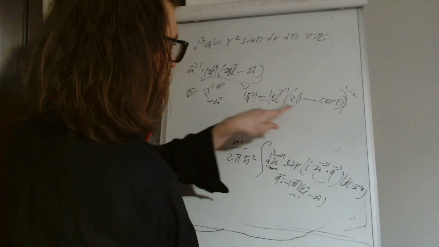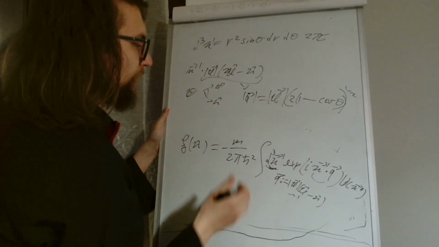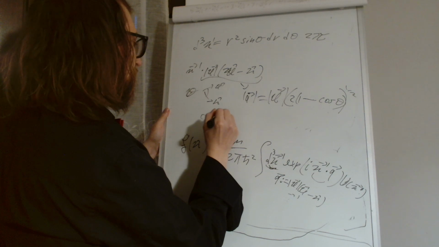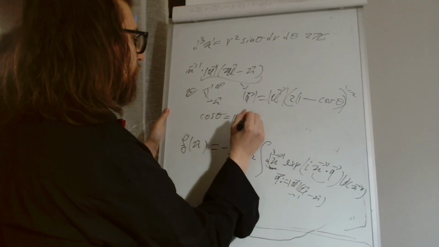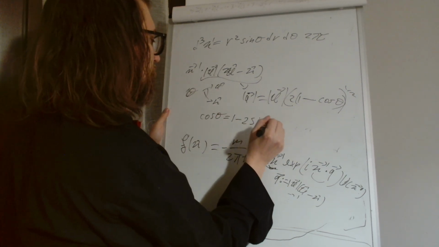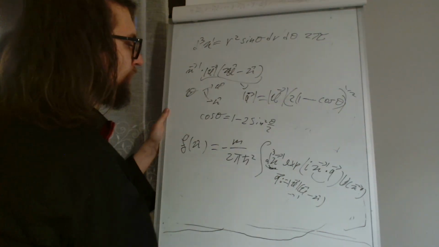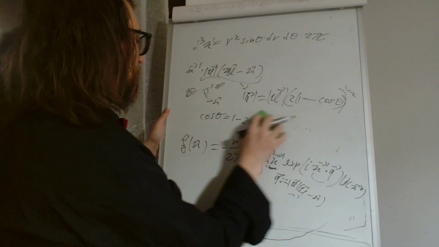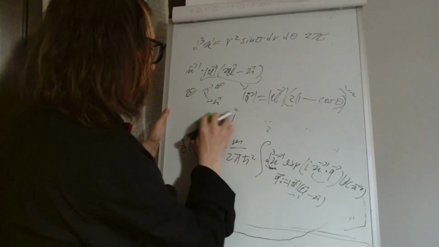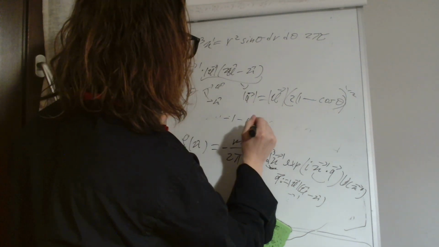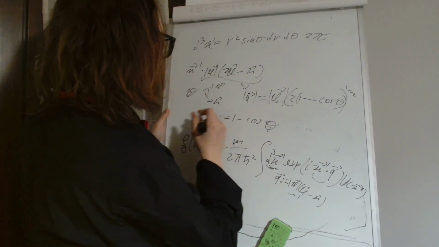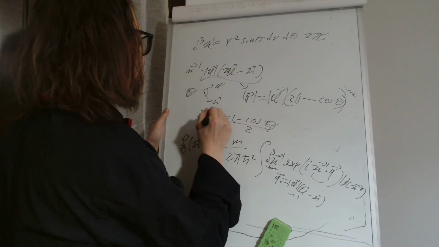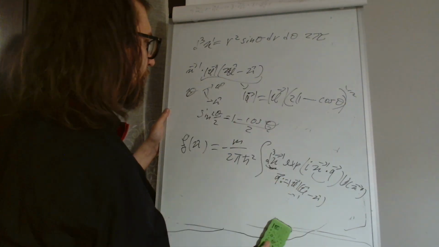Now we can write it in terms of the sine of theta half, because cosine of theta is 1 minus 2 sine squared of theta half. So this becomes 1 minus cosine of theta equals 2 sine squared.